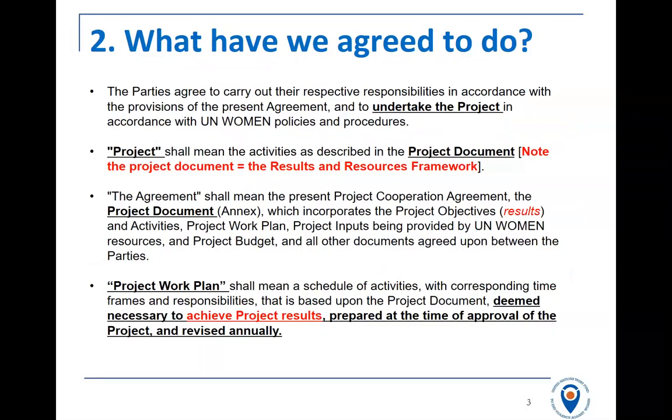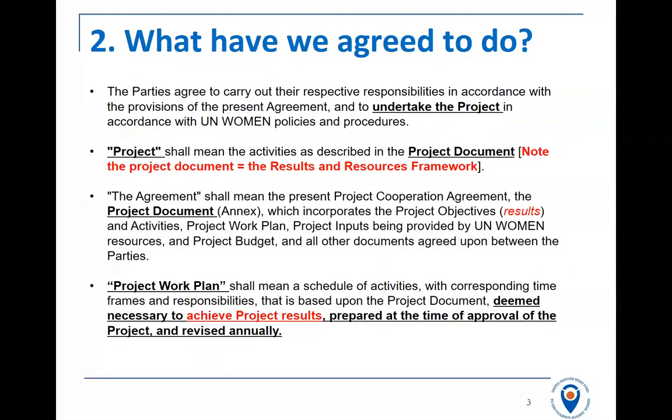I encourage you to always refer back to your project cooperation agreement that was signed, and you will see that it mentions these terms. It mentions that you've agreed to carry out this agreement and to undertake the project. And by the project, we mean whatever you said in your project document, and that was your proposal.